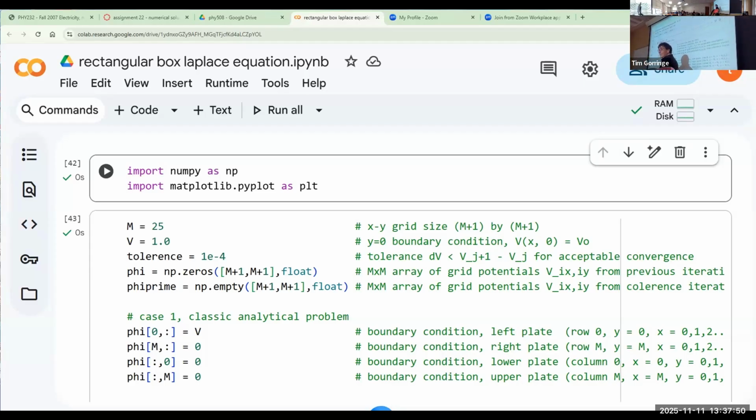I'm imagining, since I drew that mesh for you, that the bottom row is row 0, and that's going to be all these. Then the columns on the far left and far right are all zeros, and the top row is zeros. So that's what I'm trying to set up here.